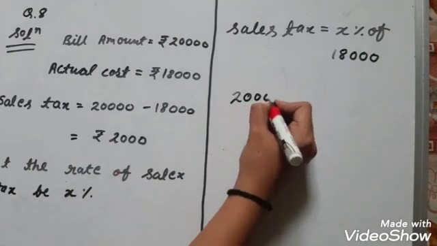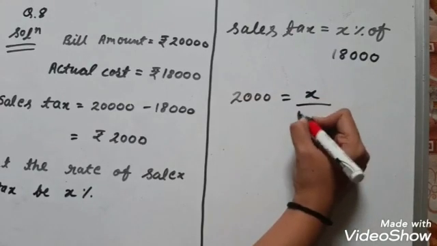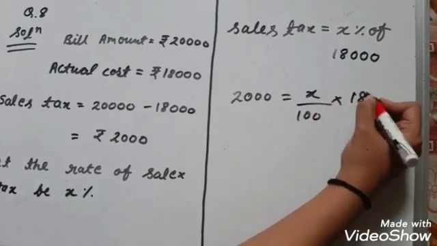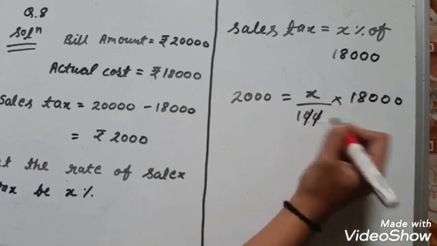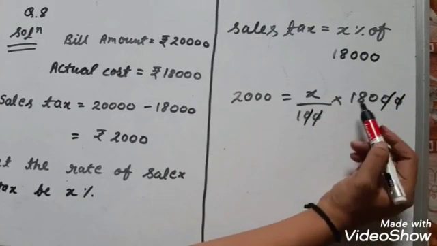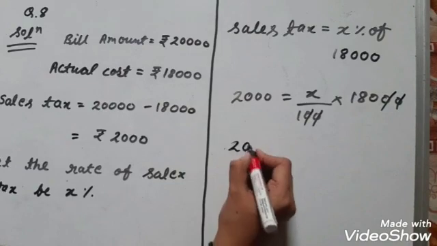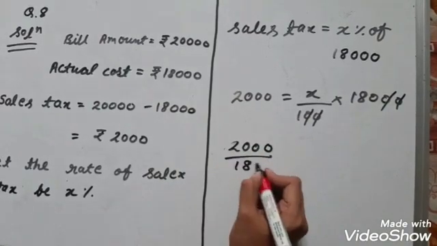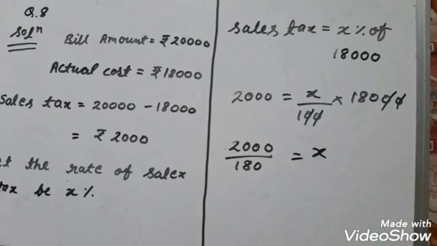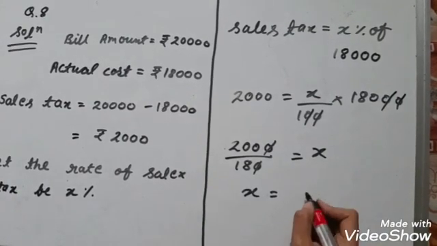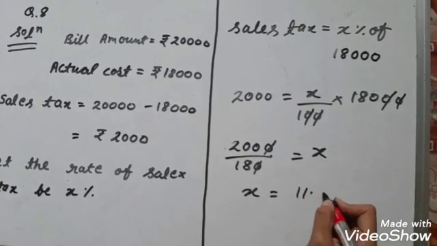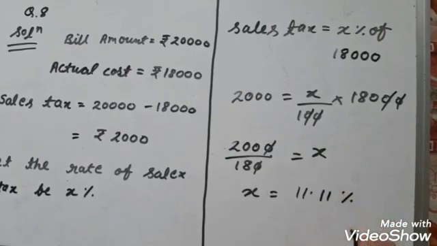So here we are putting the values, X% of 18,000. Now we can cancel the zeros. We can shift this 180 to this side. So 2000 upon 180 is equal to X. After doing the division, we will get 11.11%. So the rate of sales tax is 11.11. Students, here we have completed our chapter 5.